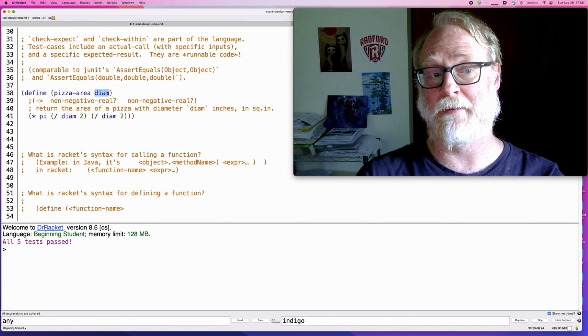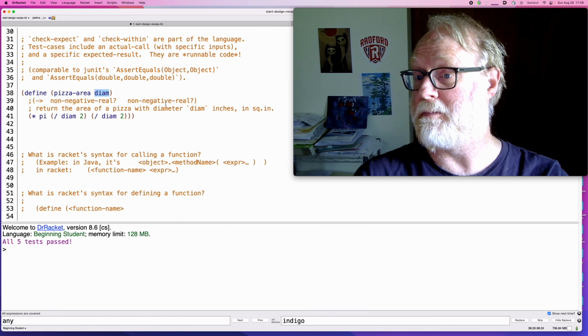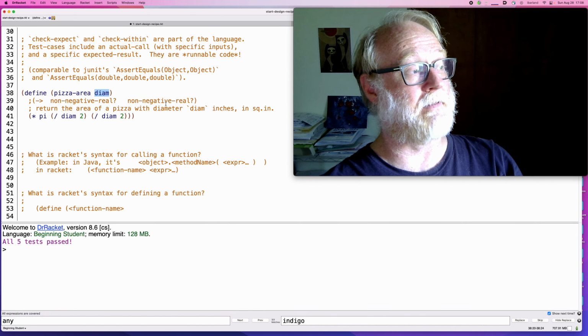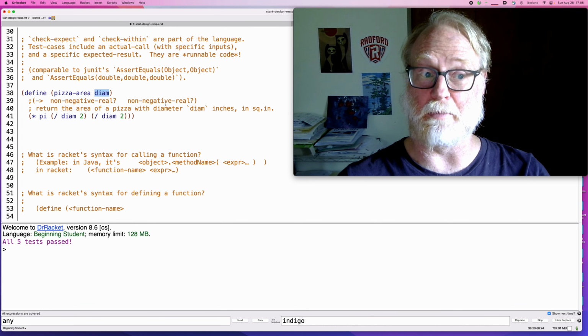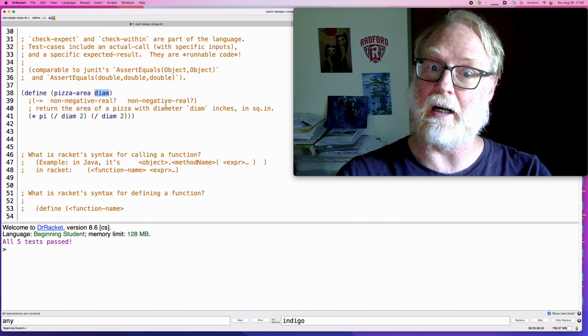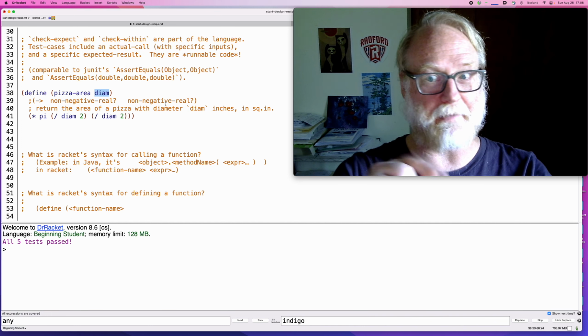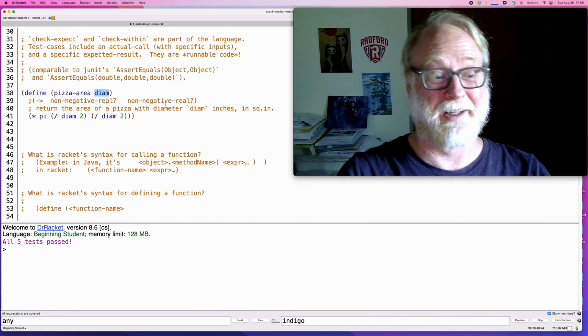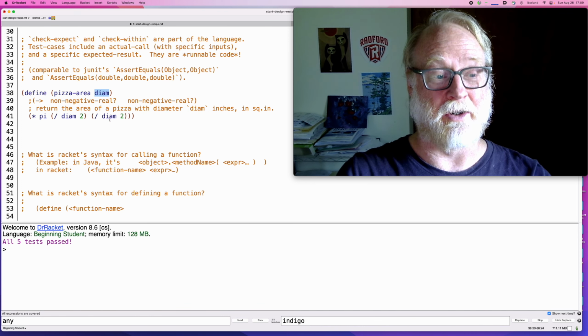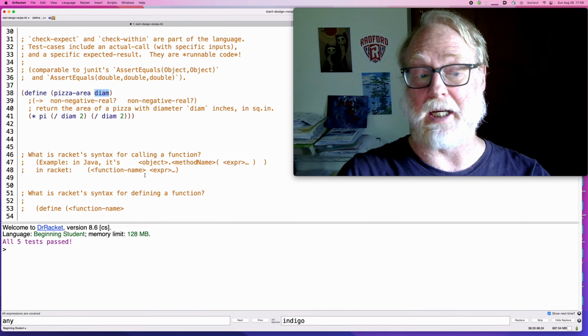You have parameter names. So we have, as one of our technical terms in programming languages, a parameter. A parameter is a local variable that you have in your function, and it gets initialized when the function is called later on. So, okay, here our parameter, we only had one, and it was called diam.